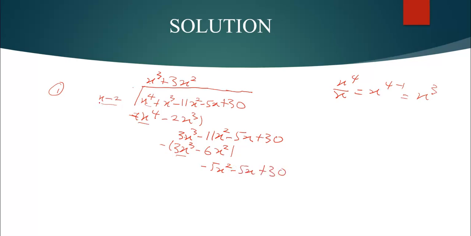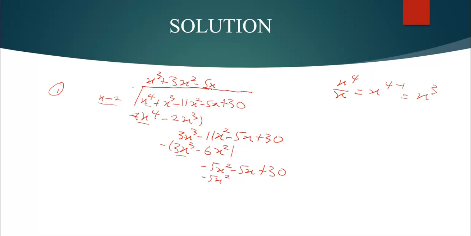And again, the x will divide this, which will give us minus 5x. You multiply the term by the divisor. So you have minus 5x squared.